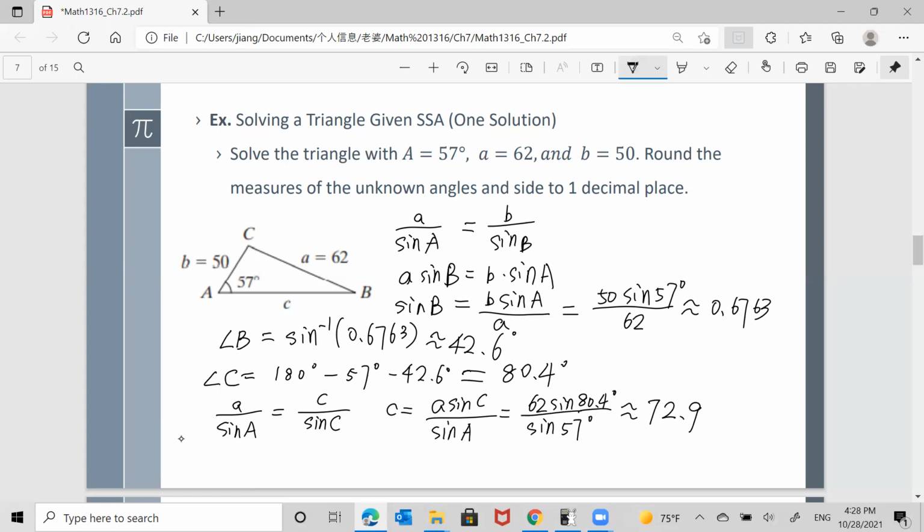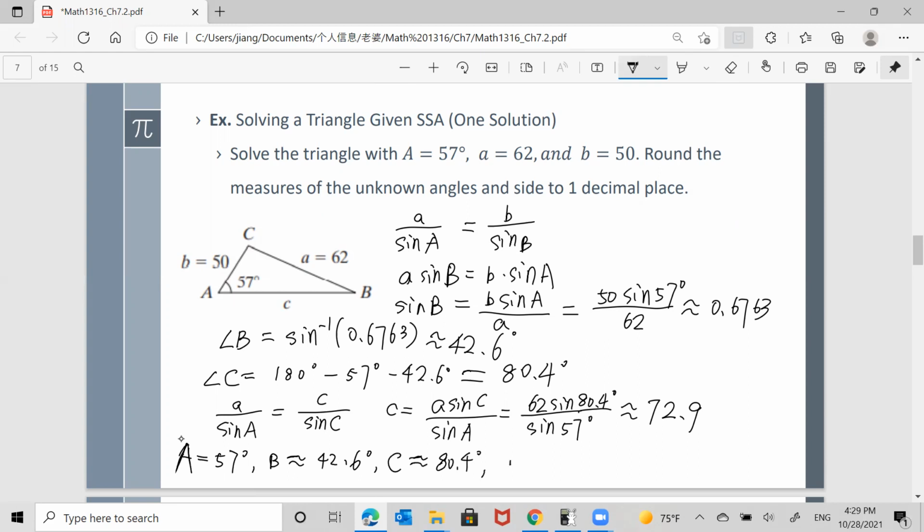Okay, let's do the summary. That means I put the A here. A equals 57 degrees. B equals, it's about 42.6 degrees. And the C equals, I should put approximately, equals 80.4 degrees.